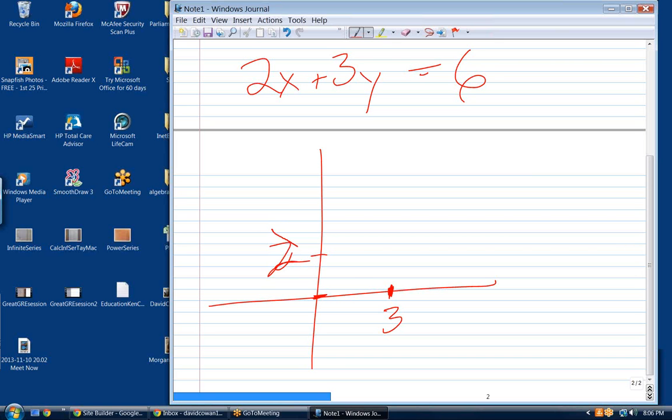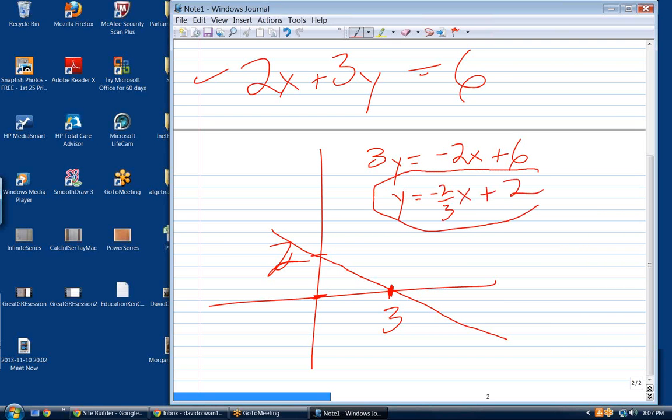So to me, that's the best way to graph when you have it in standard format, which is that. Okay, let me just write that down. Just do the x and y intercepts, and then you don't have to manipulate this. Notice that if I solve this for y, I get 3y equals minus 2x plus 6, or y equals minus 2/3 x plus 2.